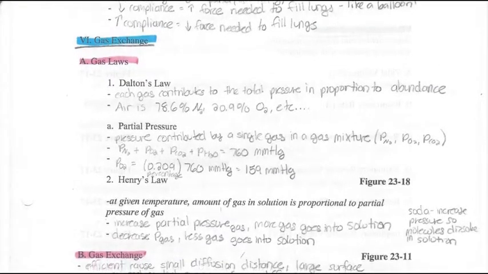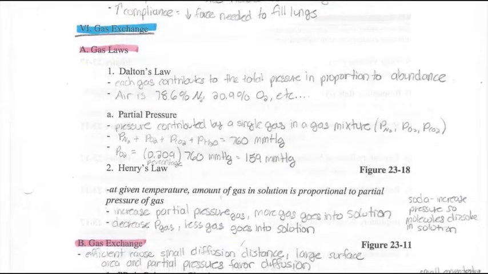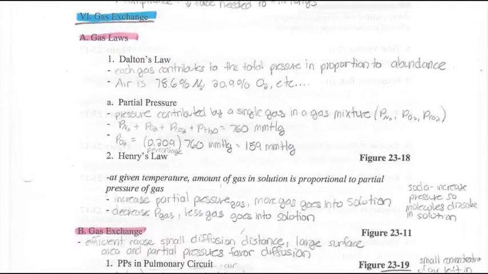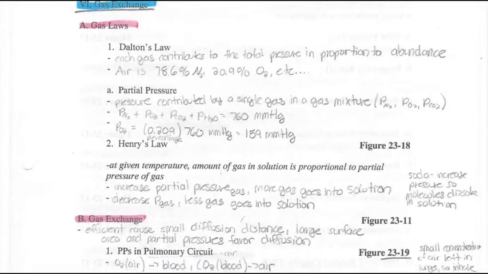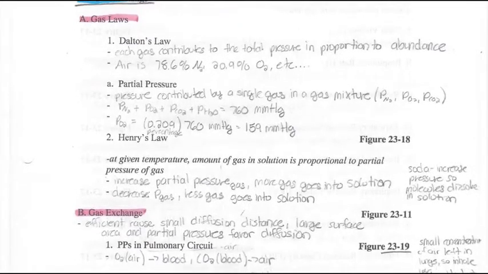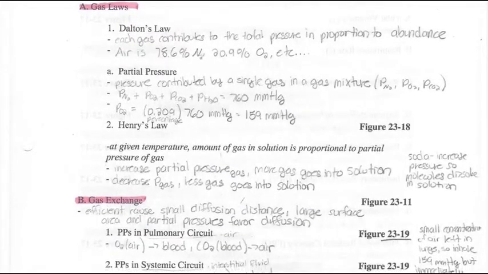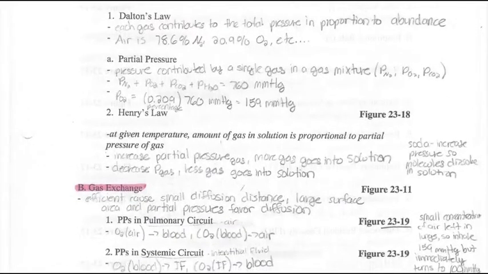The pressure of nitrogen plus the pressure of oxygen plus the pressure of carbon dioxide plus the pressure of water is 760 mmHg at sea level. The pressure of oxygen is 0.209 out of 760 mmHg, which is 159 mmHg.